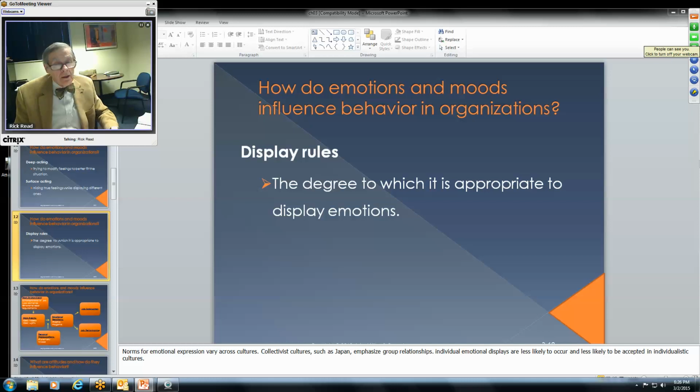Now, I think when you're talking about positive emotions, it's probably okay most of the time. There may be some situations when it should not be. I mean, you don't want to jump up and down about getting a promotion if 3 or 4 other people in that room were vying for the same promotion that you earned. And you probably want to stay away from that one. But most that are positive are probably okay to be shared.